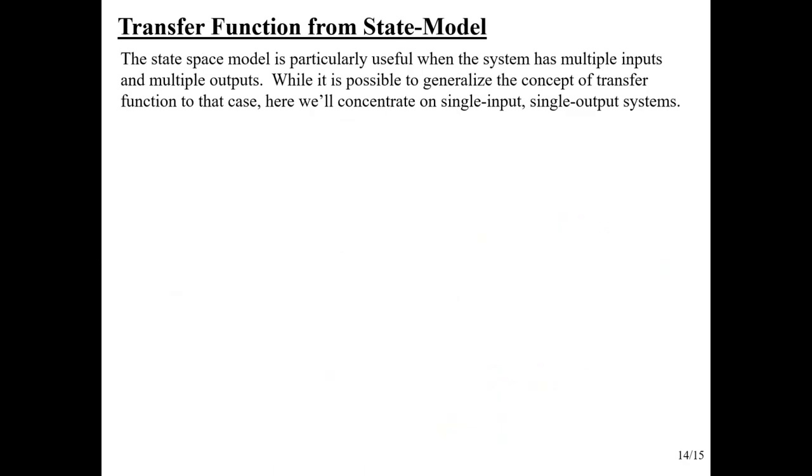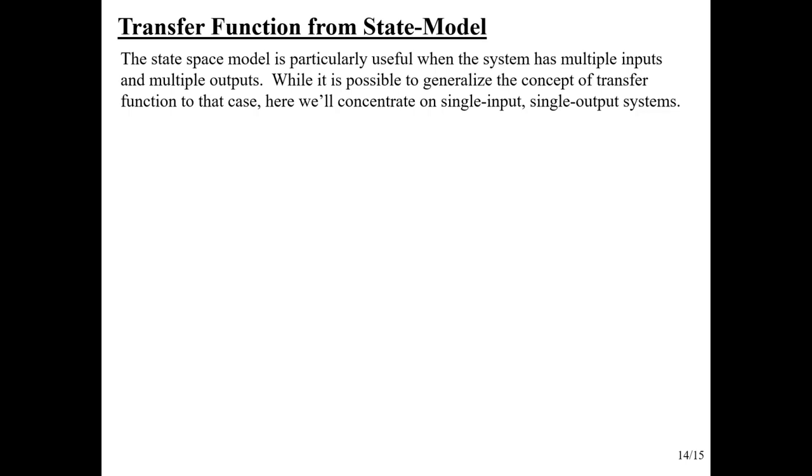Okay, we're almost done here. Once we have the state model, sometimes it's useful to go back to the transfer function. So the state model allows us to do things and see things, but the transfer function also allows us to do things and see things.